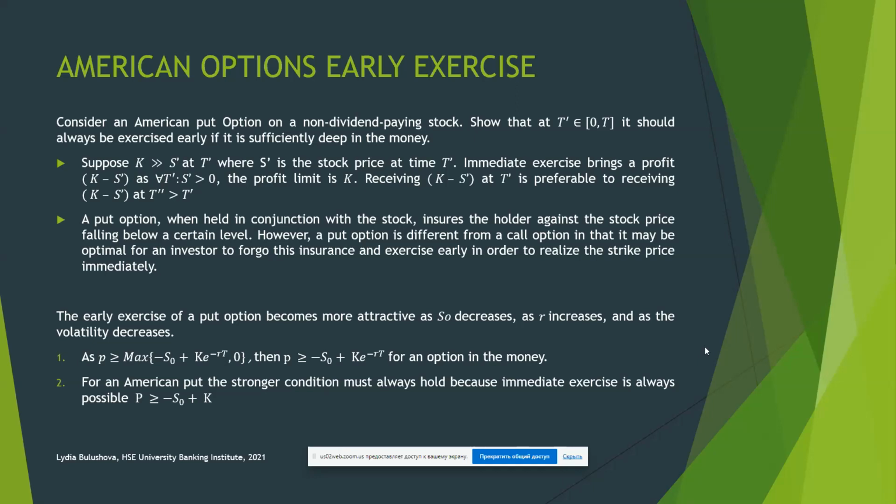So we have just discussed a call option, and we derived that it is never optimal to exercise an American call option before expiry, if you don't have any amazing startup to invest in or something, or you just need money here and now. And now we're going to consider an American put option, and we're going to prove the opposite. It should always be exercised early if it is sufficiently deep in the money.